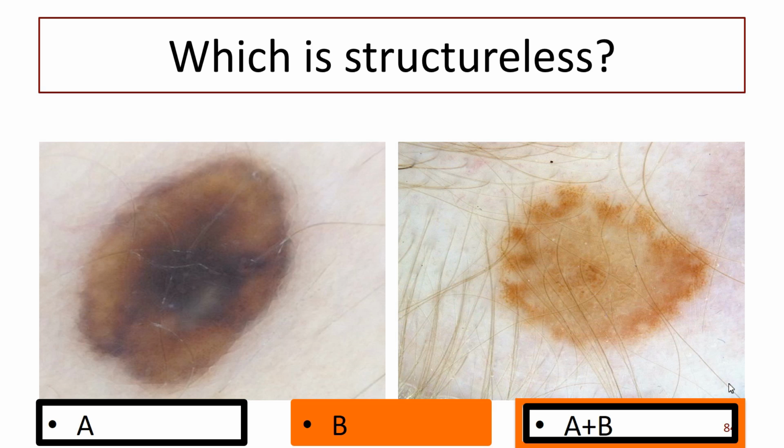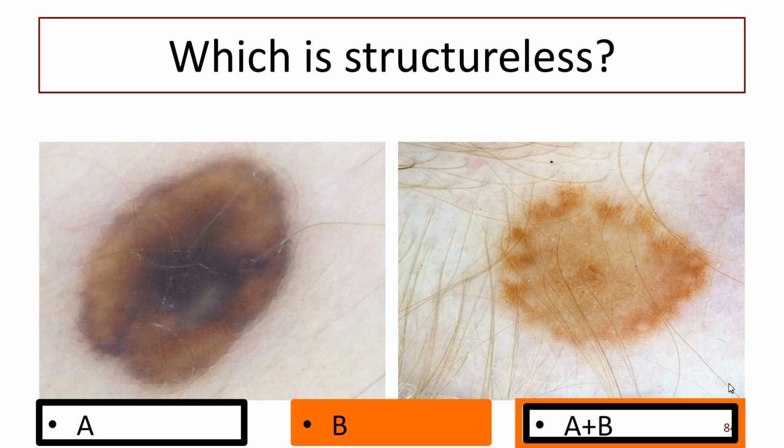What about this one? Are there any zones that are structureless? Sally? Zones around the outside. Okay, exactly. So the outside is reticular, and the inside, some sort of dotty things going on. And then there's this intermediate zone.